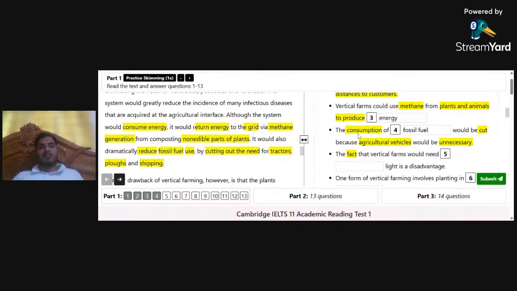You can see unnecessary might be. I have seen a lot of IELTS writing task 2 essay statements where the word unnecessary is mentioned. So you can use this by the use of cutting out the need.